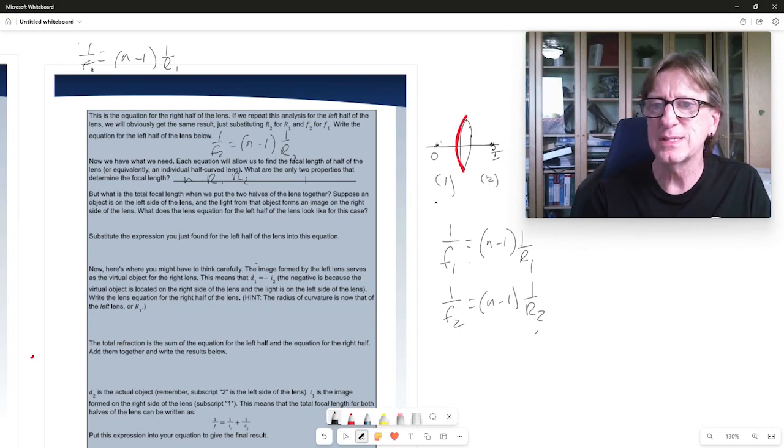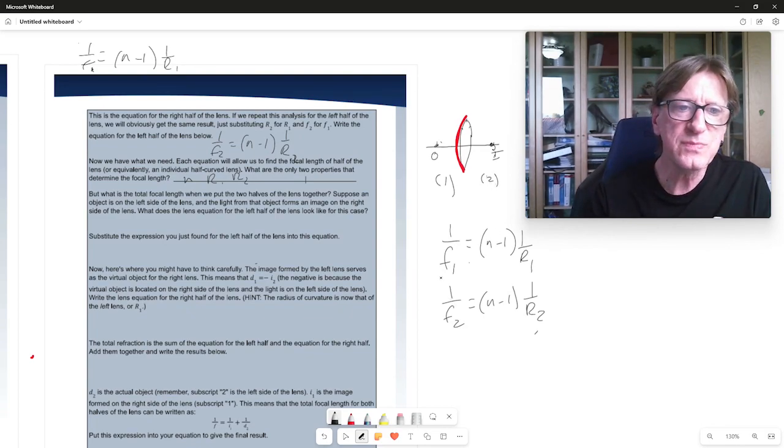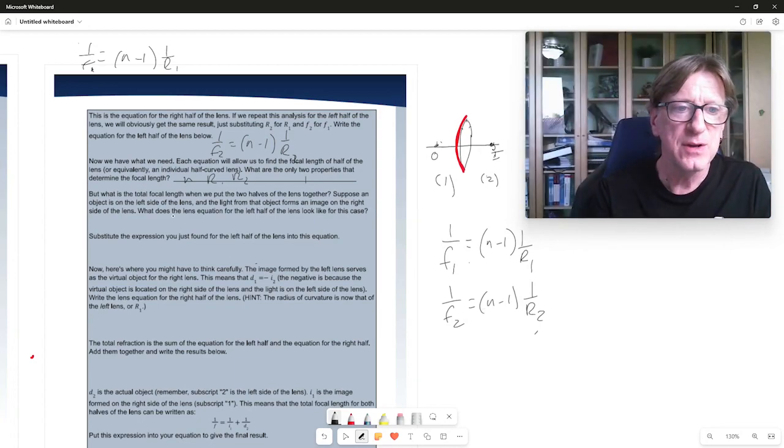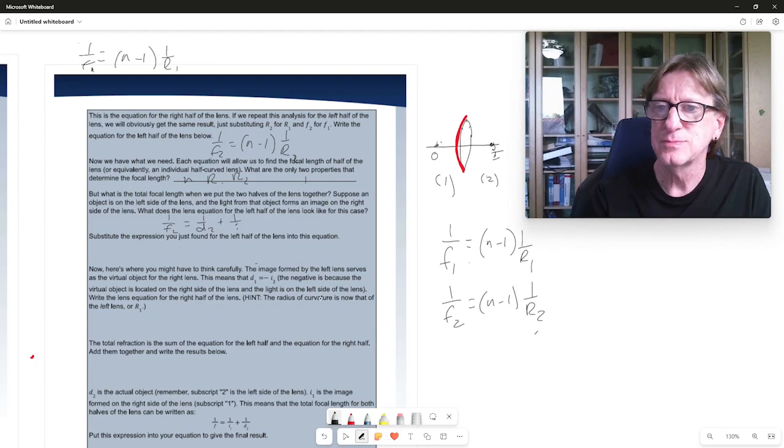Yeah, that's the number one side over here. This is the number two side over here. So the lens equation then needs to use our subscripts 2 for the left half. All right, so our lens equation says 1 over f2 is going to equal 1 over d2 plus 1 over I2.